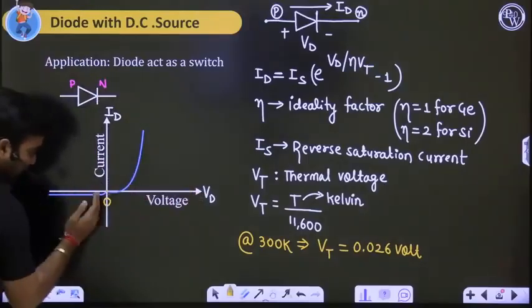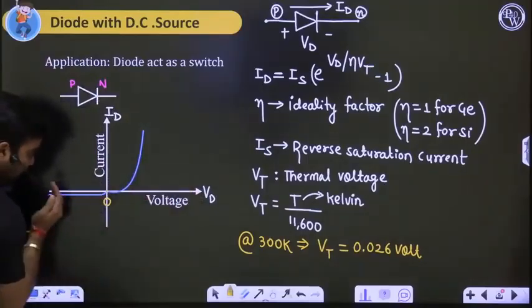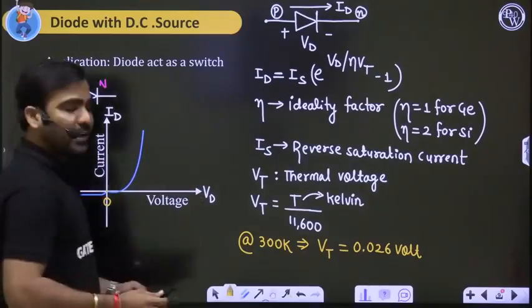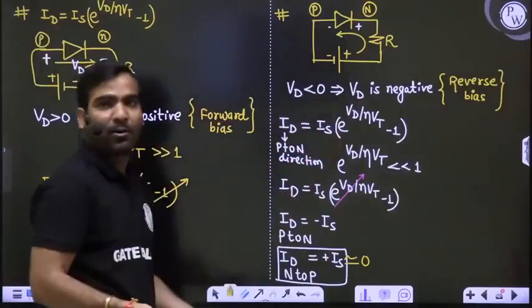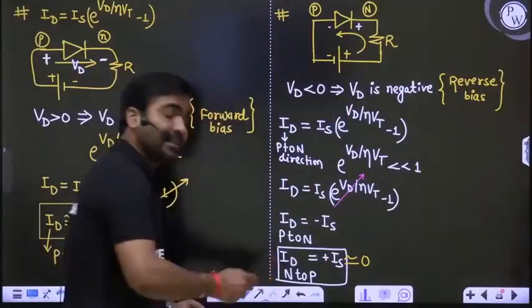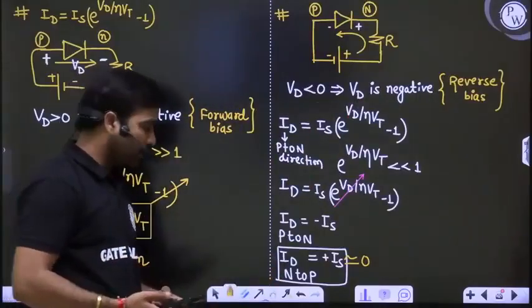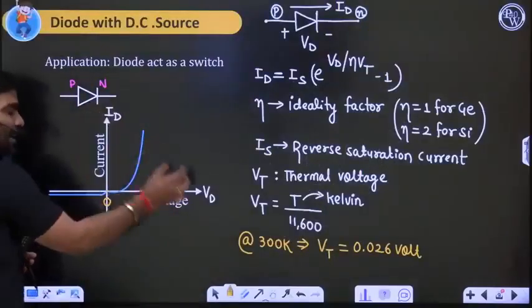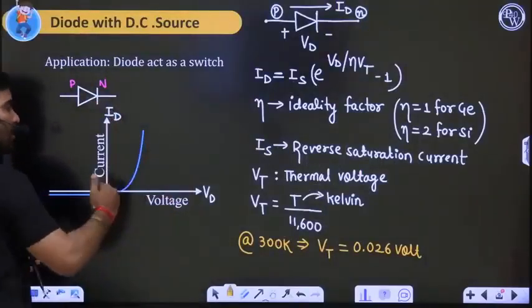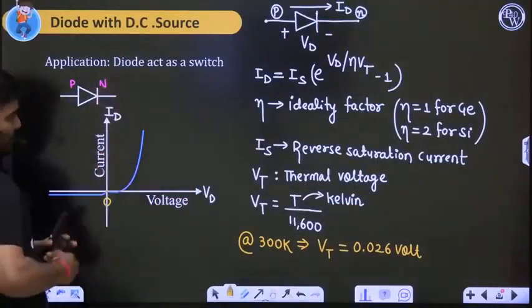When Vd is negative, less than 0, or reverse bias, the current is in the N to P direction. So in the P to N direction, current is positive. In the I versus V plane, the I-V plot, the upside is positive I, right?